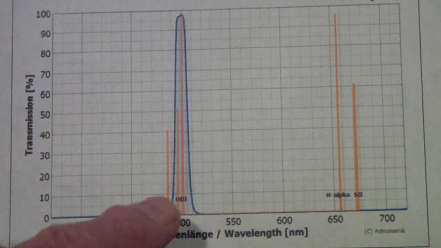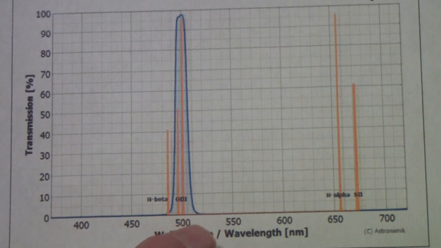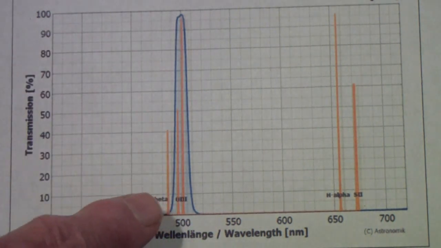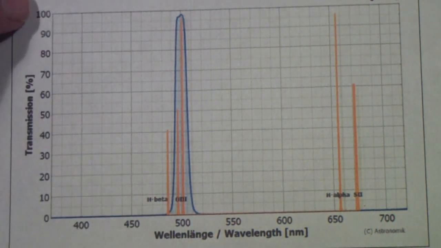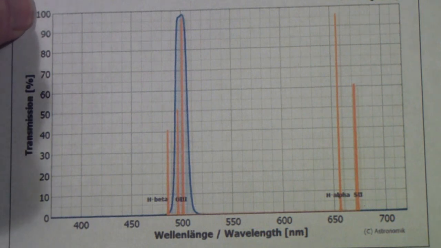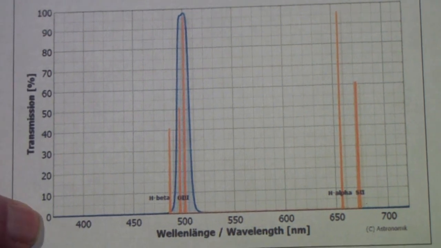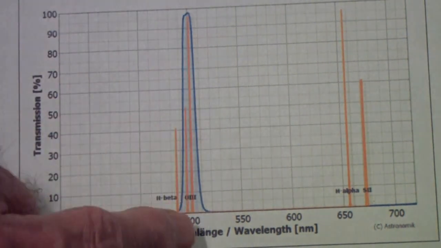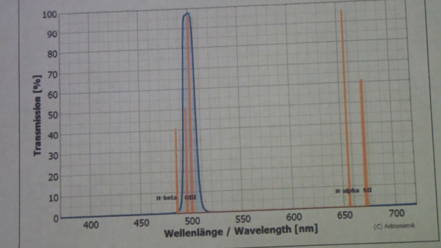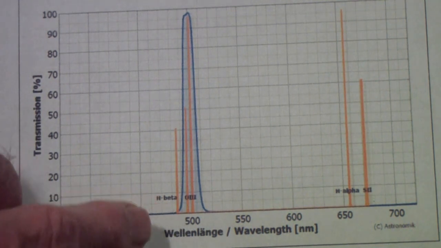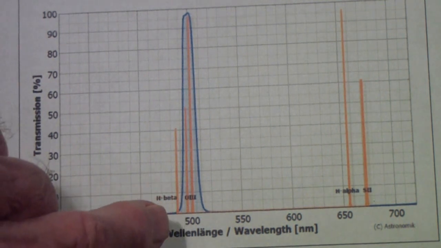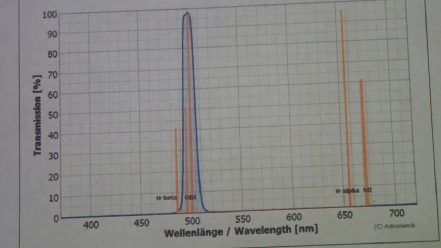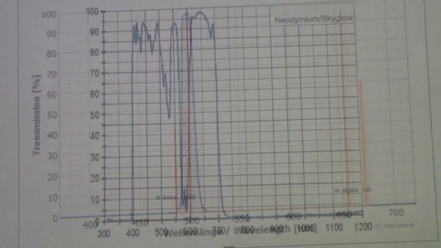And the blue curve shows the pass band. In other words, this 100% would be at the top, all the light coming through. Completely dark would be at the bottom, no light getting through. Notice that it only passes this very narrow band of frequencies. Those happen to be the frequencies around 500 nanometers, which is where O3 is. When we get to the practical part, we'll explain why you might want an O3 filter.